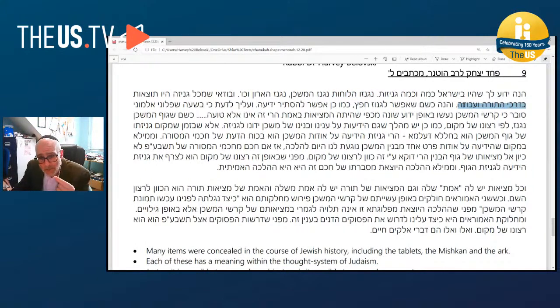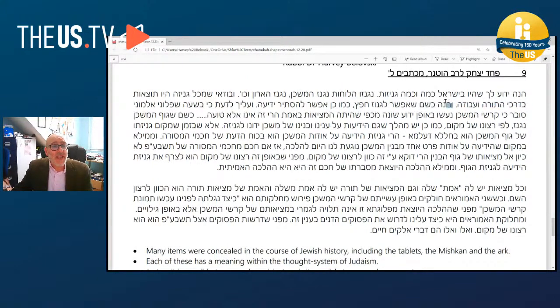Every concealment, not just a physical concealment, but a conceptual concealment, has a value. It teaches us something about the Jewish world and about how we understand the Torah. And this is what Rav Hutner contributes to this discussion. It is why I chose this as the topic.